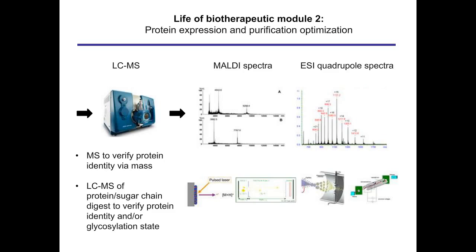Electrospray, also called ESI, quadrupole mass spectrometry, is usually integrated in line with some sort of liquid chromatography. And I depict the process in the bottom right, where an HPLC is spraying its contents through a nebulizer and into a quadrupole mass spectrometer.